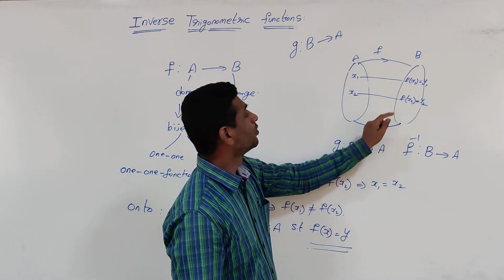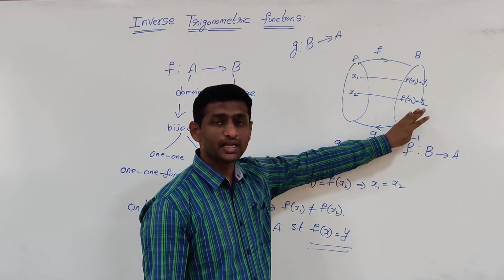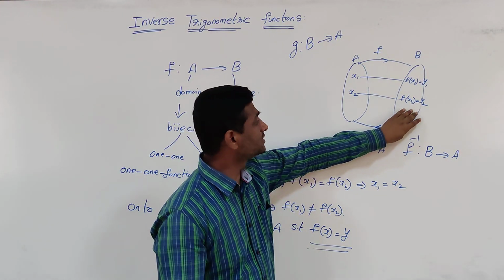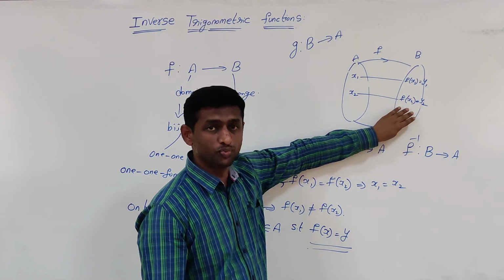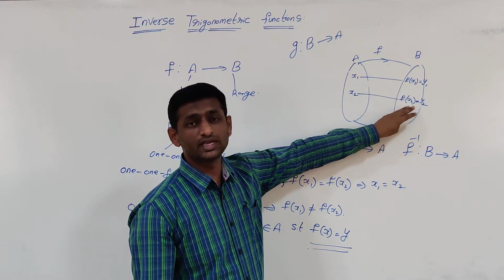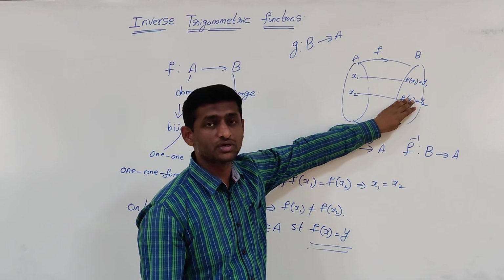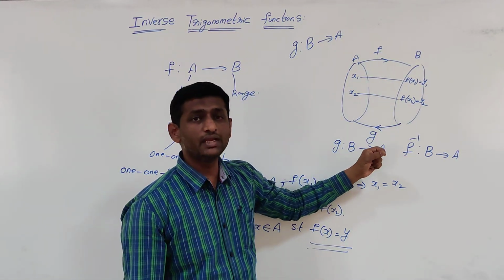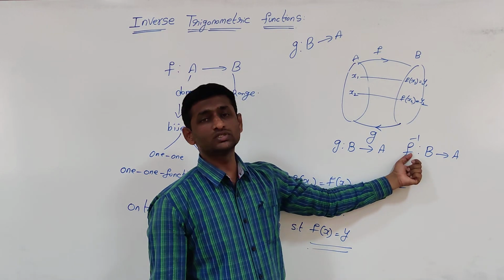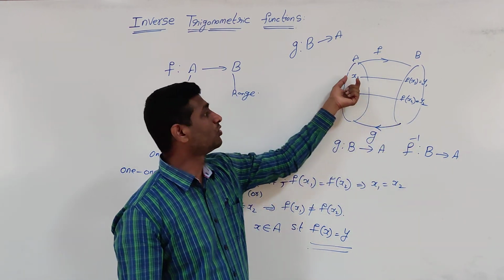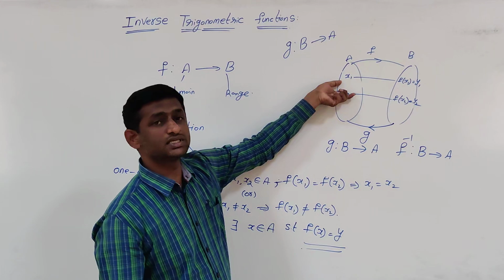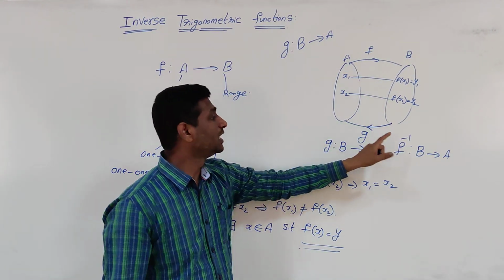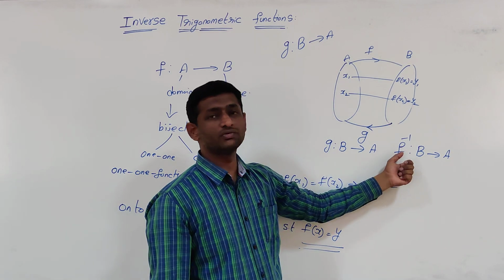Whatever elements exist in the range of this function will act as the domain for the inverse function, and whatever elements exist in the domain of this function f will act as the range for f inverse.